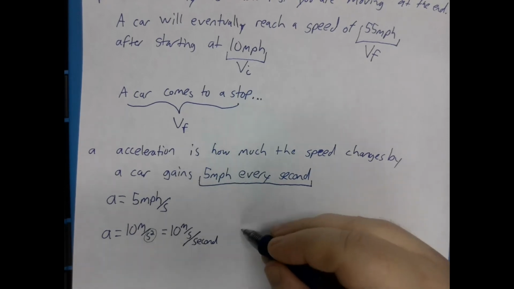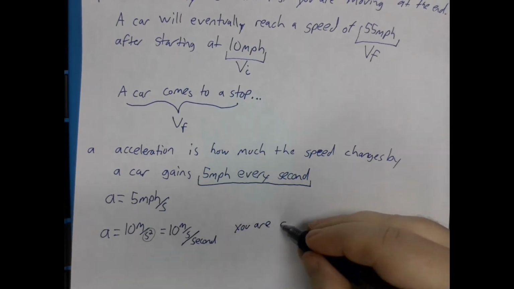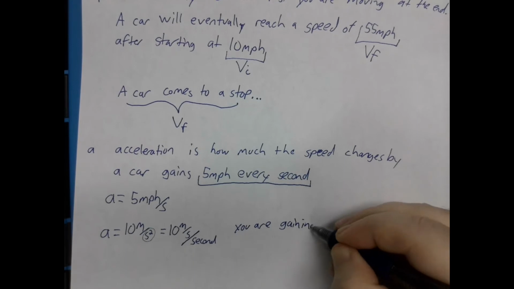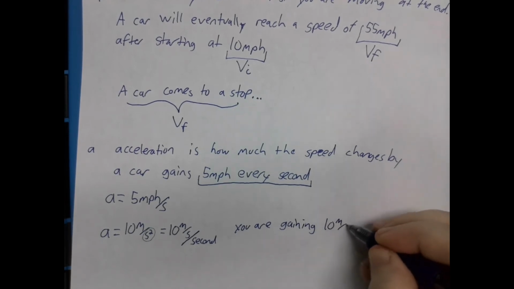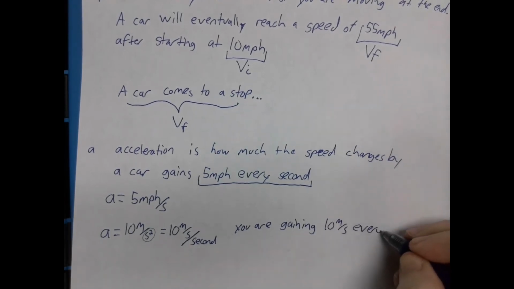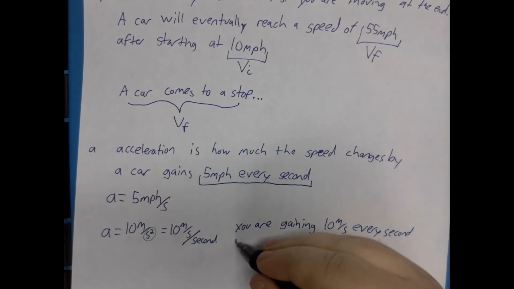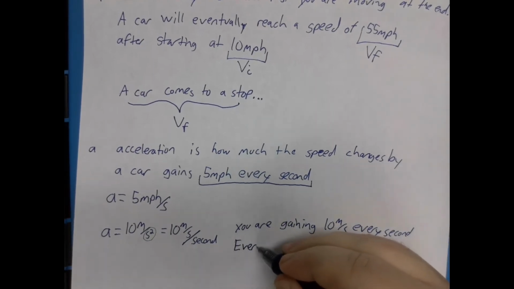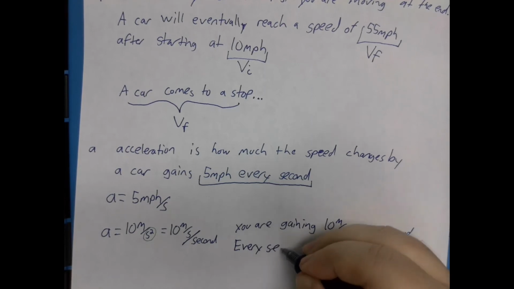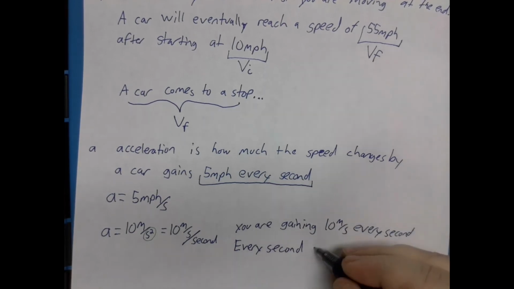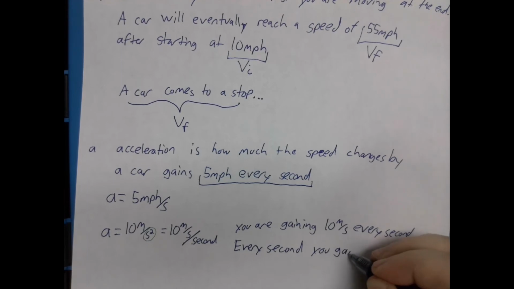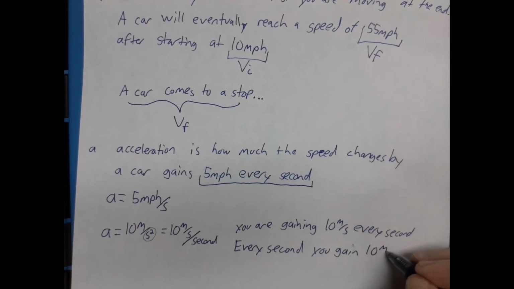So what this is saying is you are gaining 10 meters per second every second. Or another way of wording it is every second, you gain 10 meters per second.